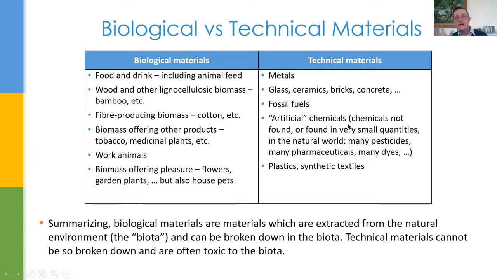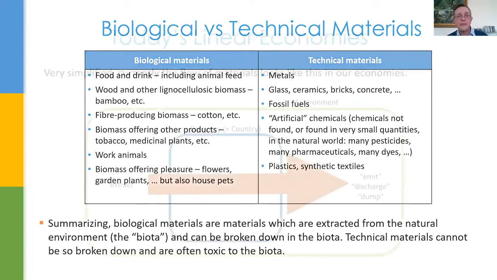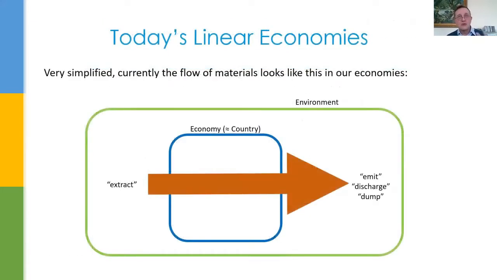So that's the primary distinction between these biological and technical materials. So now, what does that tell us about circularity? For that, I want to go back to an even simpler diagram, which I made up. This is not something that I picked from somewhere else.